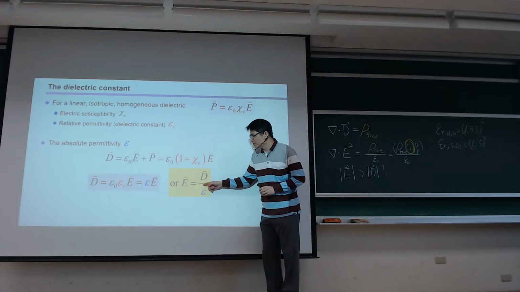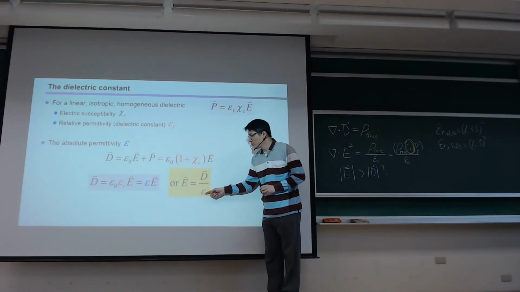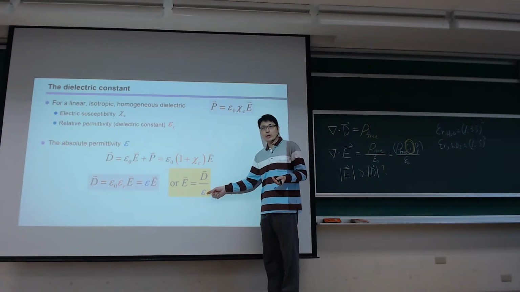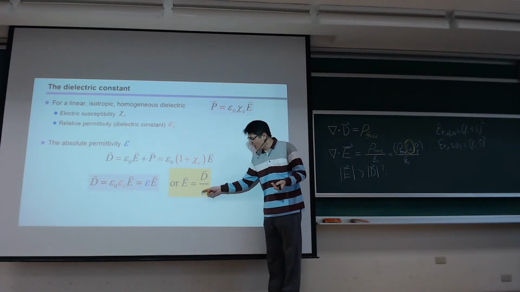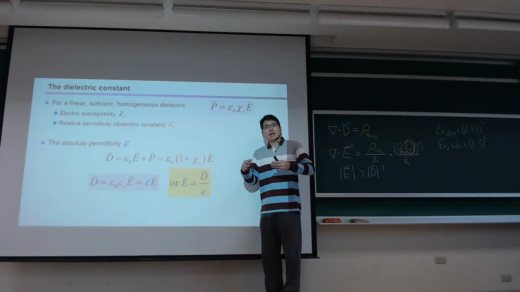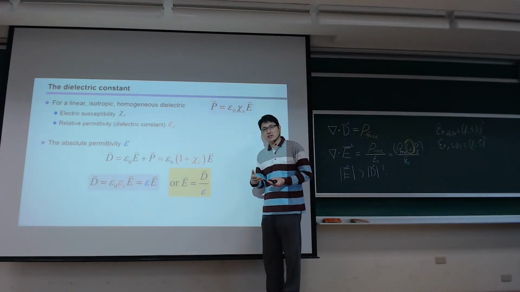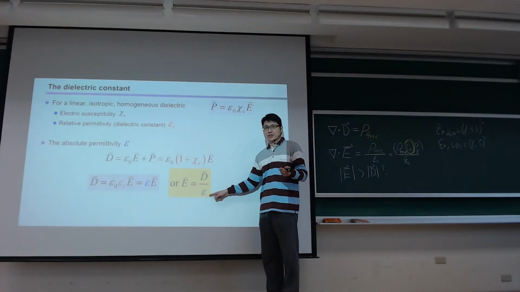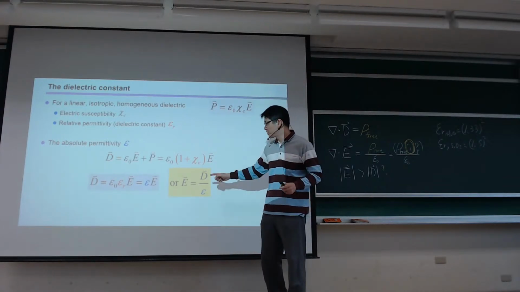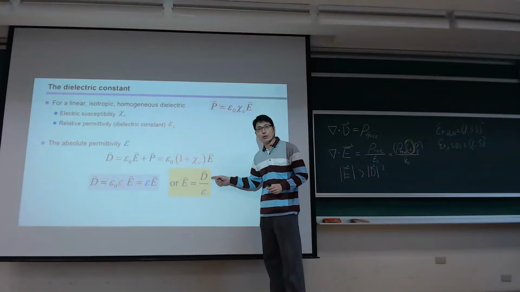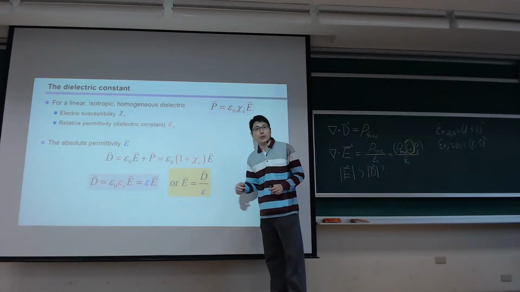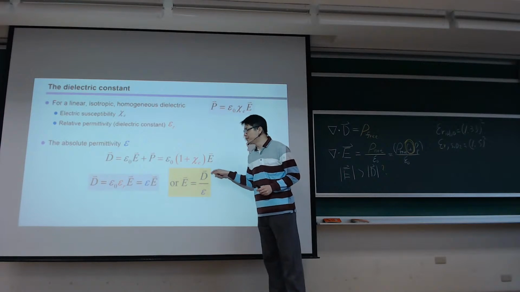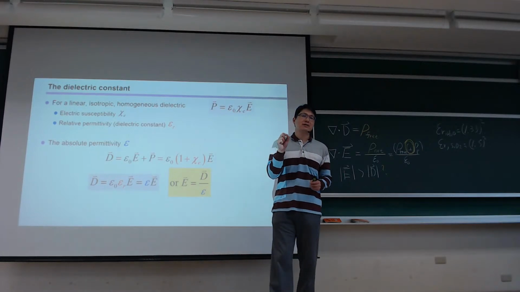For different materials, you have different ability to form induced dipoles. If a material is very capable of producing induced charge density, induced dipoles, then you have a very high epsilon value. And the sole purpose of the induced electric dipoles is to counteract your externally applied field, therefore making the E intensity weak, right? So this is a more proper way to write down this formulation.